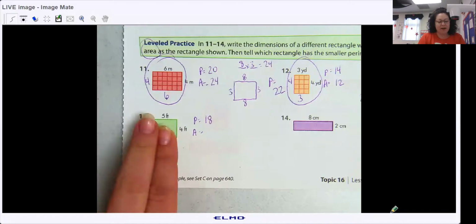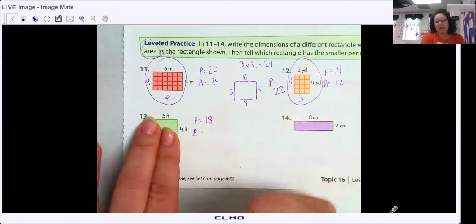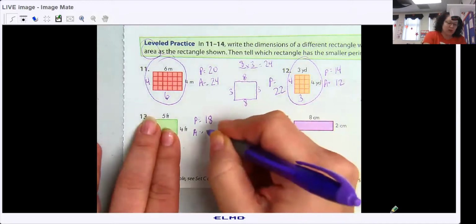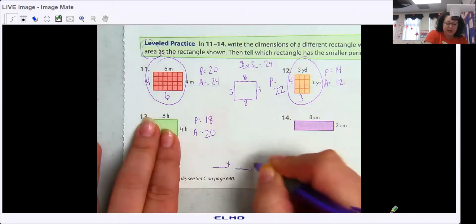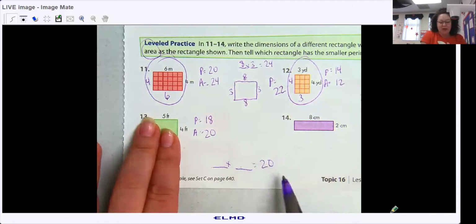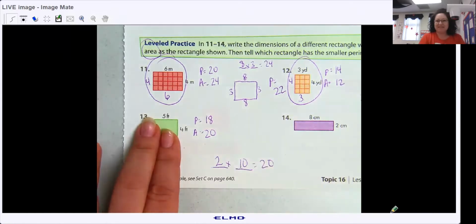Now we need to find our area. When we multiply our two sides together, we get 5 times 4, 20. Good. So now we need to find two numbers that multiply together to get 20, just like this one. How about 2 times 10?